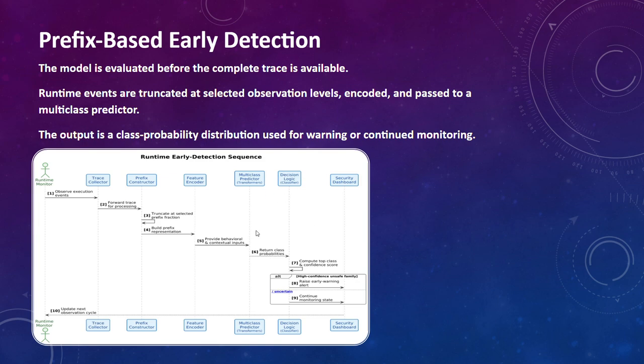Then it goes to the decision logic classifiers, fed in as probabilities. Then there is a loop that computes top class confidence scores, which is the result observation. Then we feed it to the security dashboard, for the observer of this process to select to continue or raise the early warning alert, detecting the safe or unsafe condition, to warn or continue monitoring.